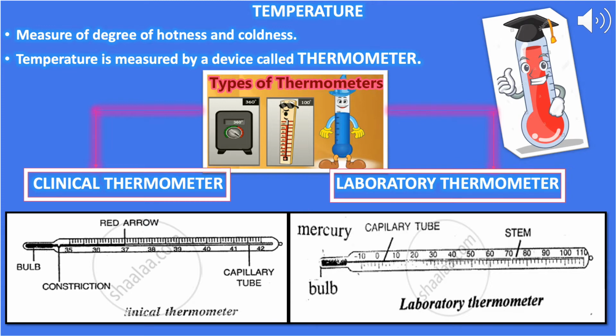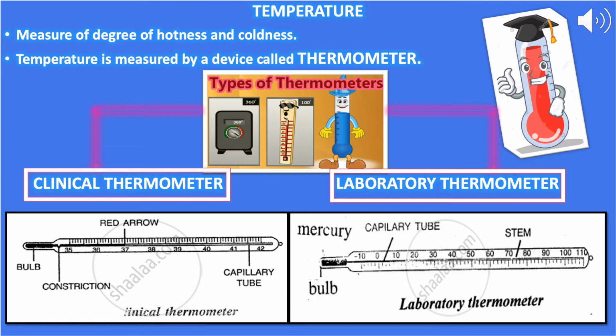In this chapter, we will learn about 2 types of thermometer: clinical thermometer and laboratory thermometer. The clinical thermometer is used to measure the body temperature of humans and animals. The clinical thermometer and laboratory thermometer, they both are mercury based thermometers.